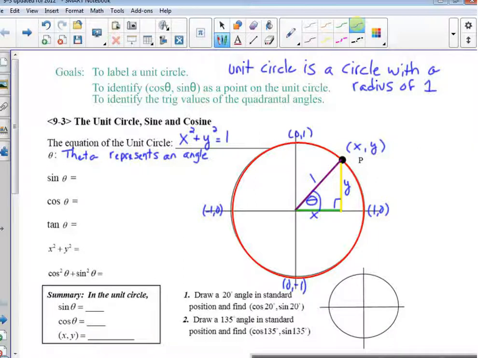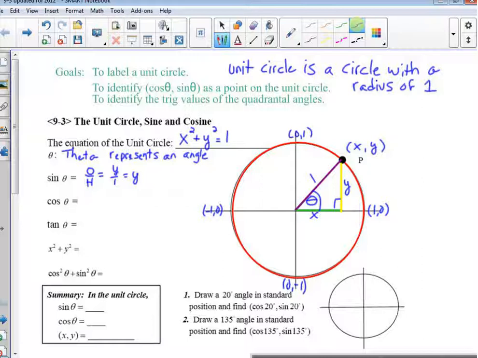Now, if I want the sine of theta, we should remember that's an opposite over a hypotenuse. And in our little triangle here, our opposite is y, and our hypotenuse is 1. So that is going to be y over 1, or just y.